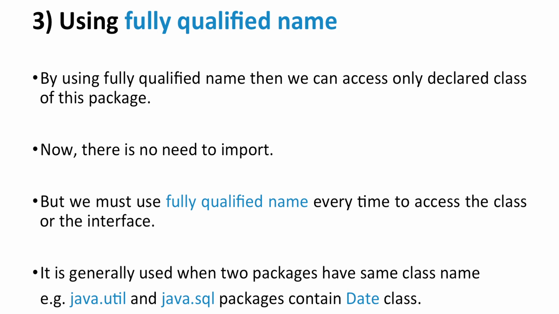But we must use fully qualified name every time to access the class or the interface. It is generally used when two packages have same class name. Example, java.util and java.sql packages contain date class. The interesting fact is that date class is present in both the packages java.util as well as java.sql.